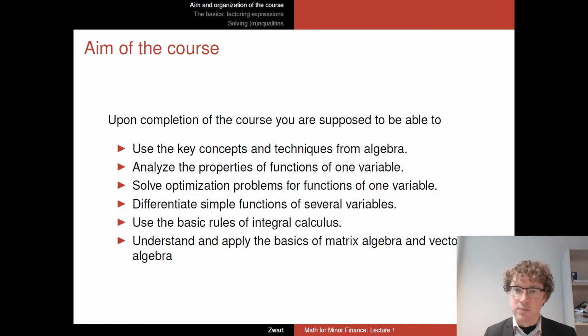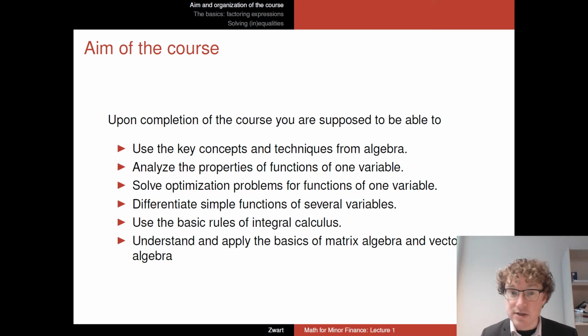Or what's the price that I should set in a market to maximize my profits? So that's optimization problems, and we're going to look into those. If you recall from your high school experience, the way to do that is mostly by mastering again, or reminding yourselves of, what differentiation or derivatives are. So we're going to look into that quite a bit in this course.